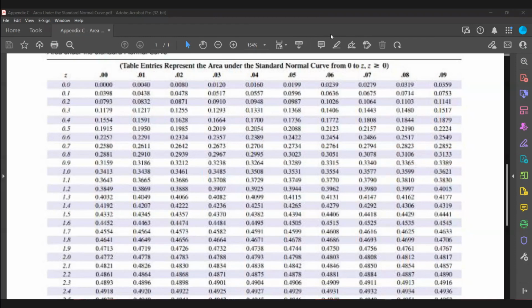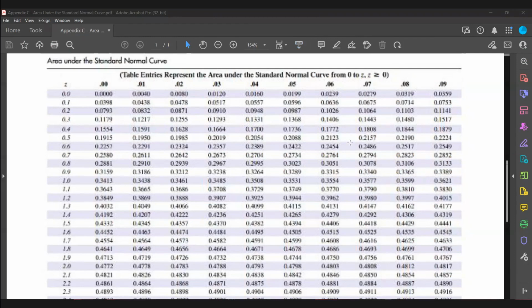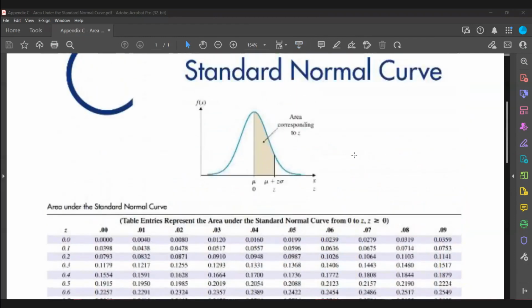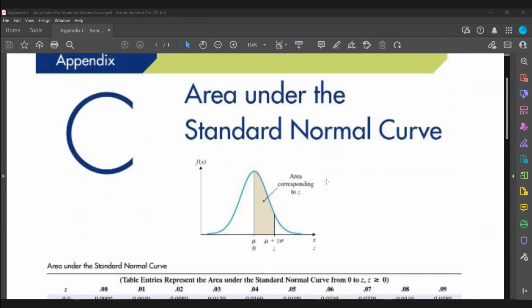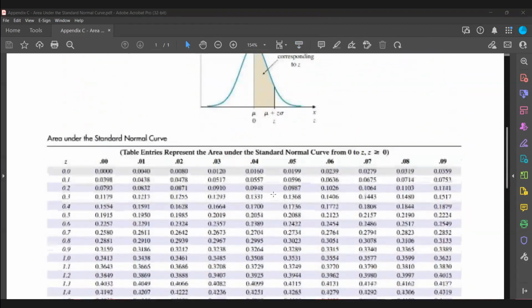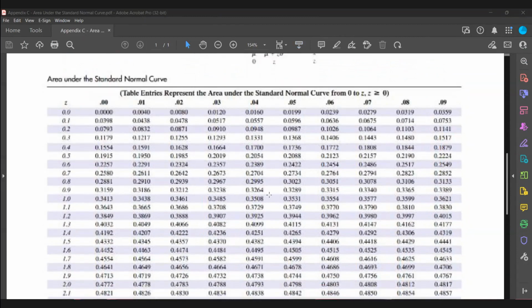Okay, remember that the Z-score that we got was 1.75. So you should see something similar. This is from another textbook, but it's the same area under the normal curve. Since we found that number to be 1.75, here we go: look at the Z-score 1.70, 1.71, 1.72, 1.75, and that is 0.4599.